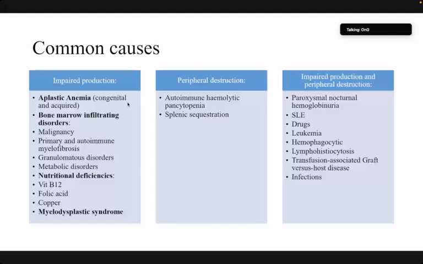In terms of peripheral destruction, it's autoimmune hemolytic pancytopenia and splenic sequestration. And disorders with impaired production and peripheral destruction: paroxysmal nocturnal hemoglobinuria, SLE, drugs, leukemia, hemophagocytic lymphohistiocytosis, transfusion-associated graft versus host disease, and infections.